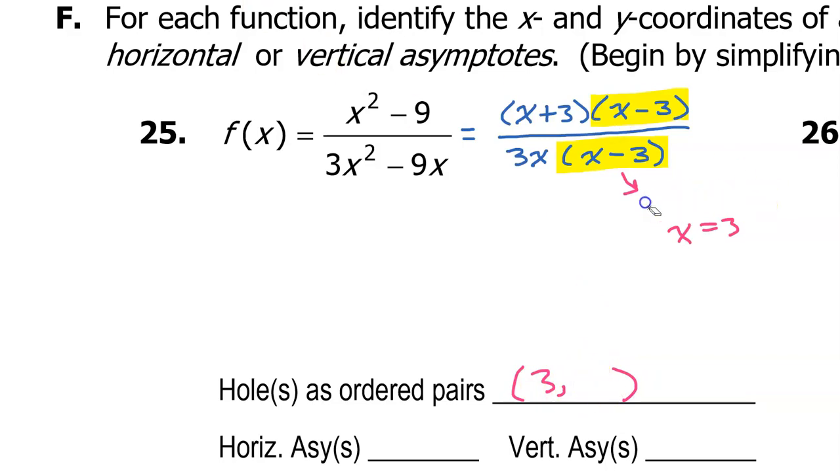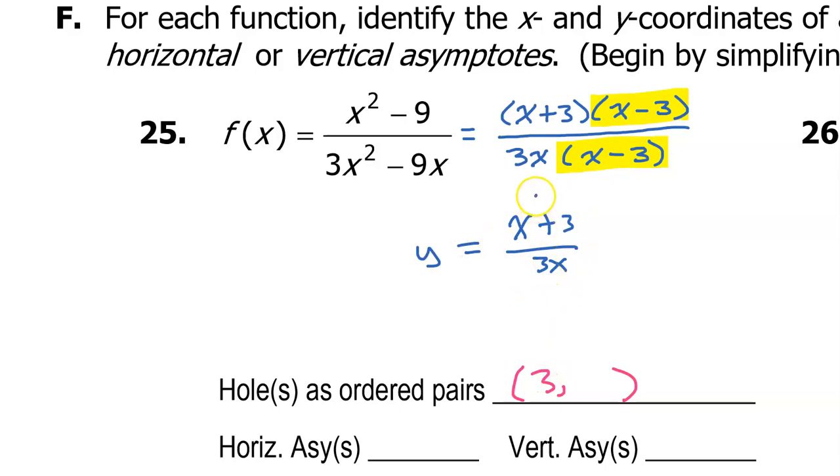To figure out what the y value is, go ahead and look at what's left of the function if you were to cancel out the x minus 3's. So that would leave you with x plus 3 over 3x. So this is what we will use to get the y value. So the y value is going to equal x plus 3 over 3x.